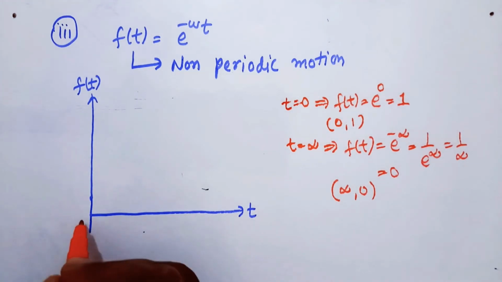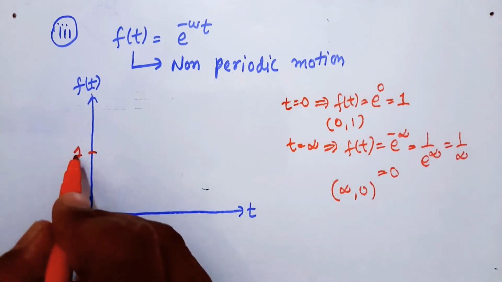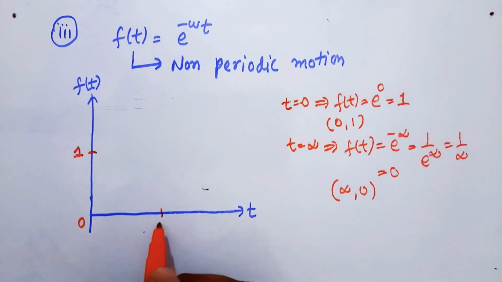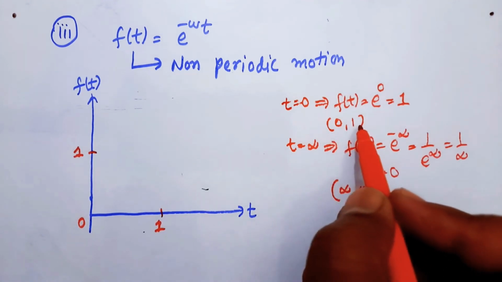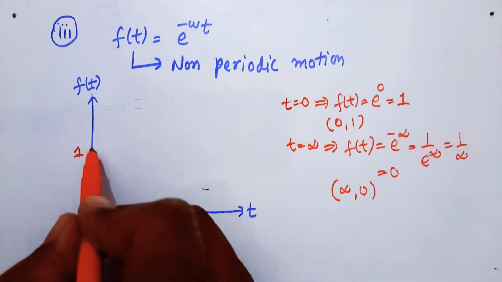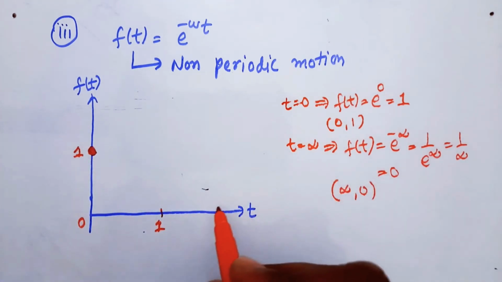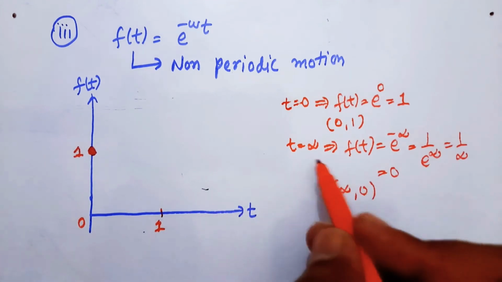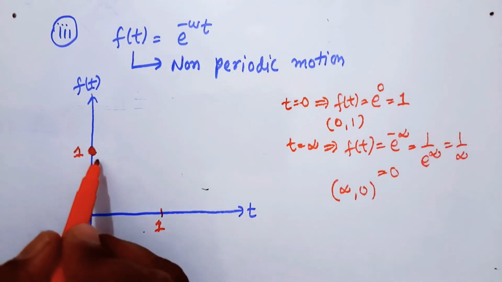Here it is 0, here it is 1. If t is 0, f of t is 1. Here t is infinity, and f of t tends to 0. So the graph is like this.